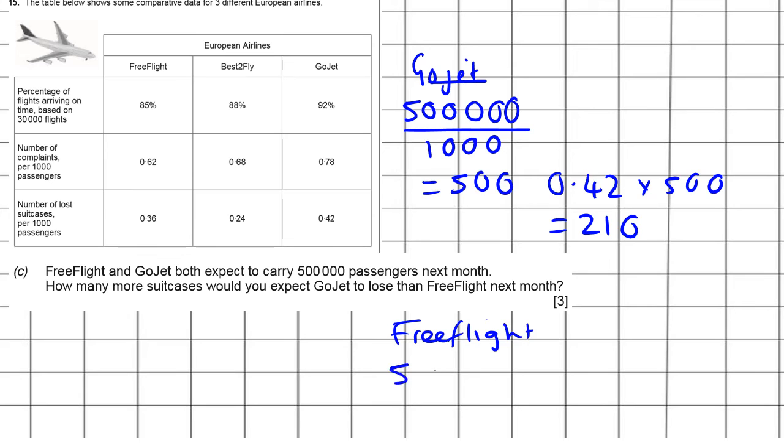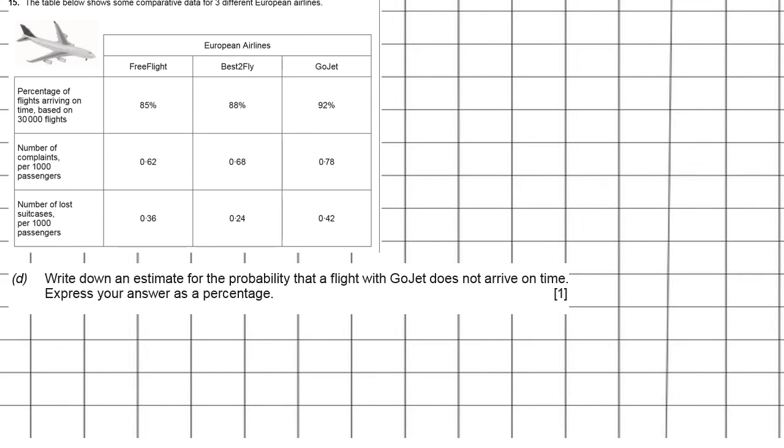And therefore Free Flight is 500 times 0.36. 500 times 0.36, 180. So 210 take away 180 to find the difference, that's 30 suitcases. Write down an estimate for the probability that a flight with GoJet does not arrive on time. Express your answer as a percentage.